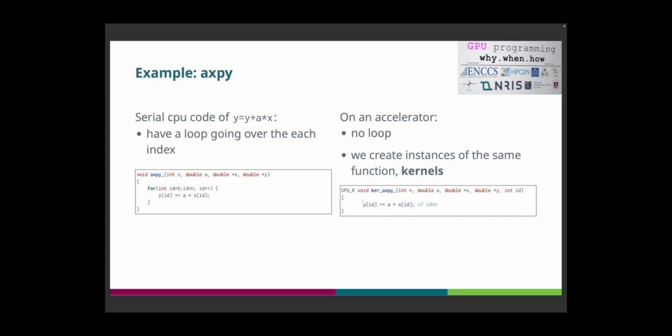It takes one element of this array, and then adds to it a times the x corresponding to this ID. So now when you want to solve this problem, AXPY, we just have to tell the GPU, run this kernel for all possible values of ID.